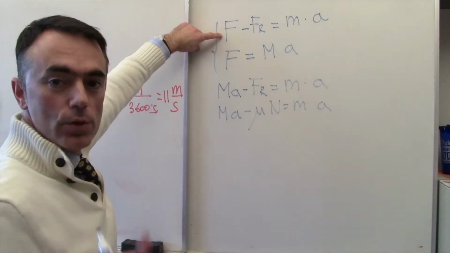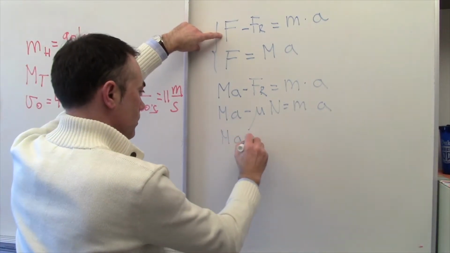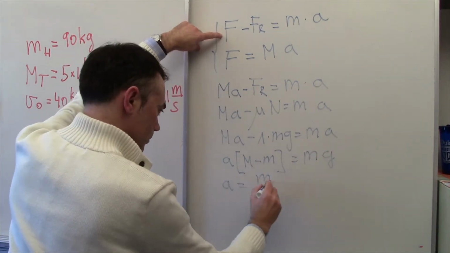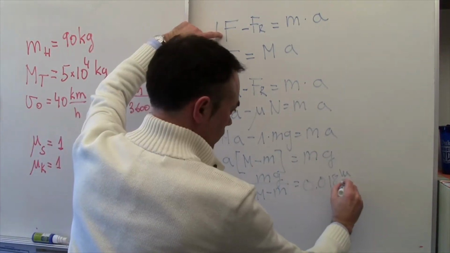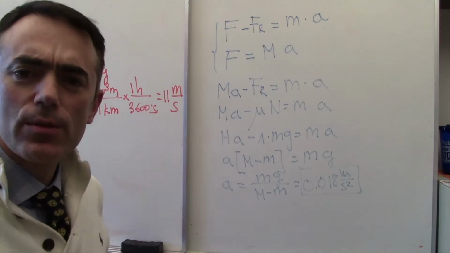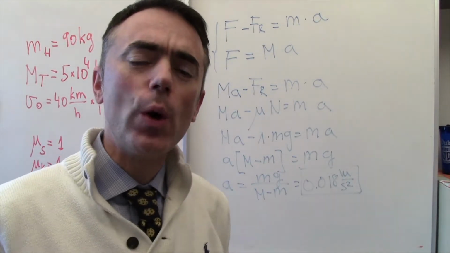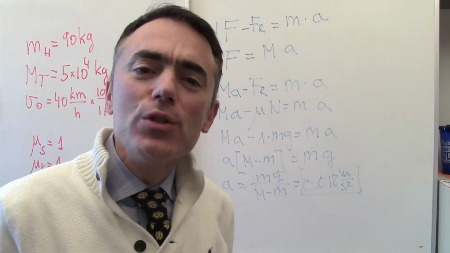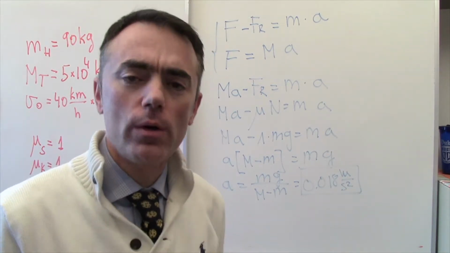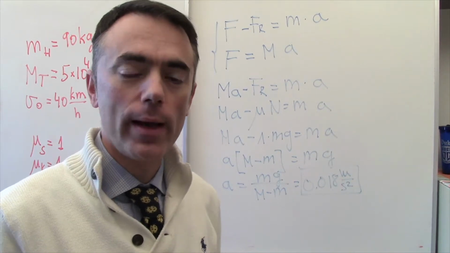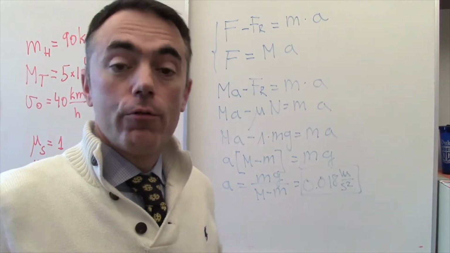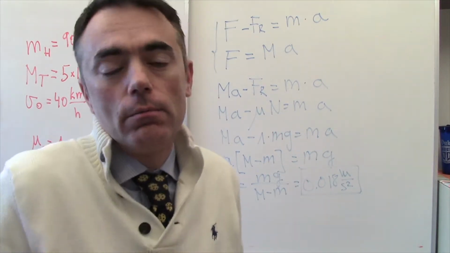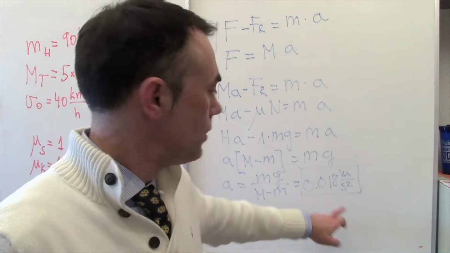And assuming now that mu is equal to 1, it's an acceleration extremely small, 0.018 meters per second squared, so that's about 2 centimeters per second squared. That's really slow acceleration. Of course, that's because the train has a large mass and a reasonable velocity. So this is the acceleration.